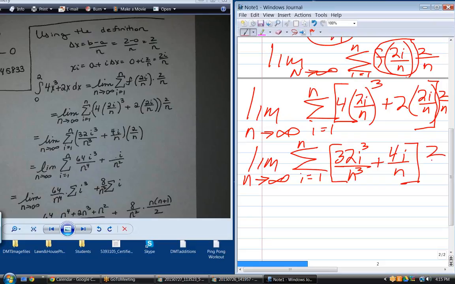And we're going to multiply it all by 2 over n. If we distribute that, we get 64I cubed over n to the 4th plus 8I over n squared.